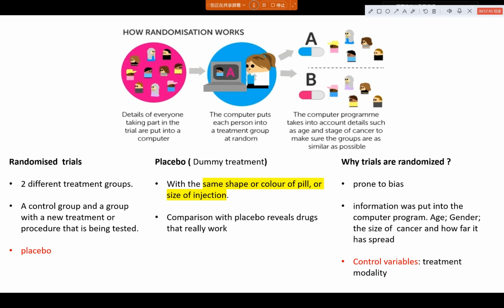About placebo, some trials compare a new treatment with the placebo. It looks exactly like the actual treatment. It's the same shape or color of pill or size of injection.